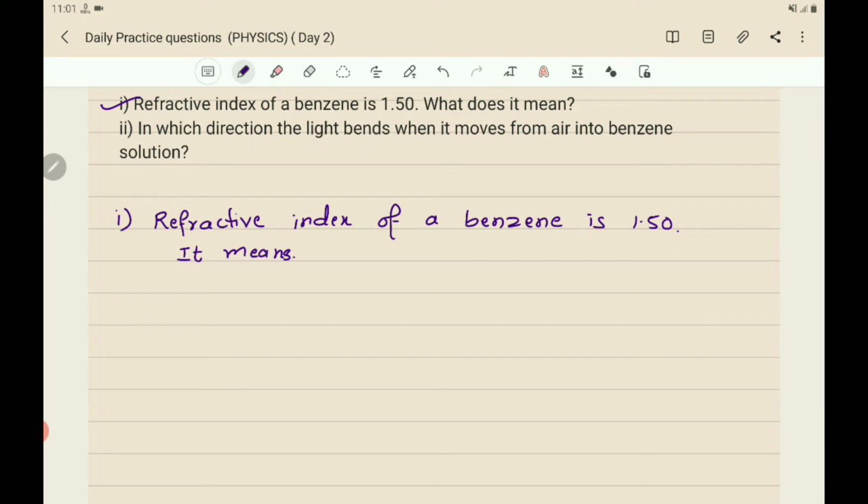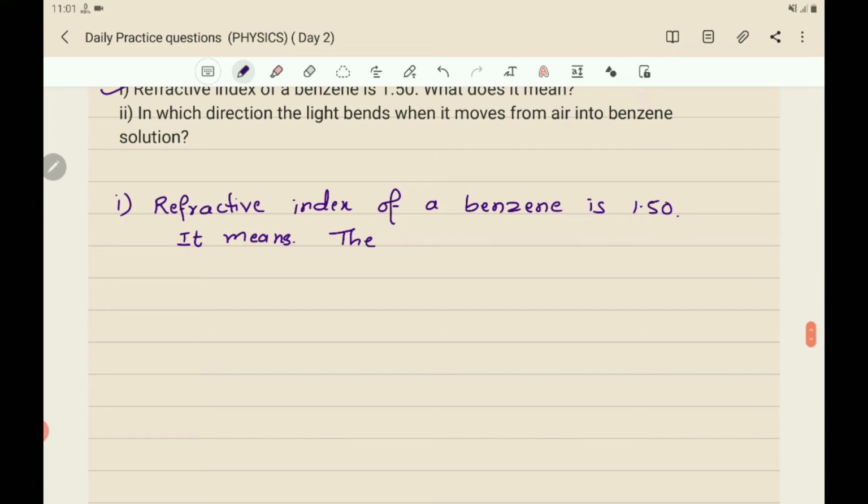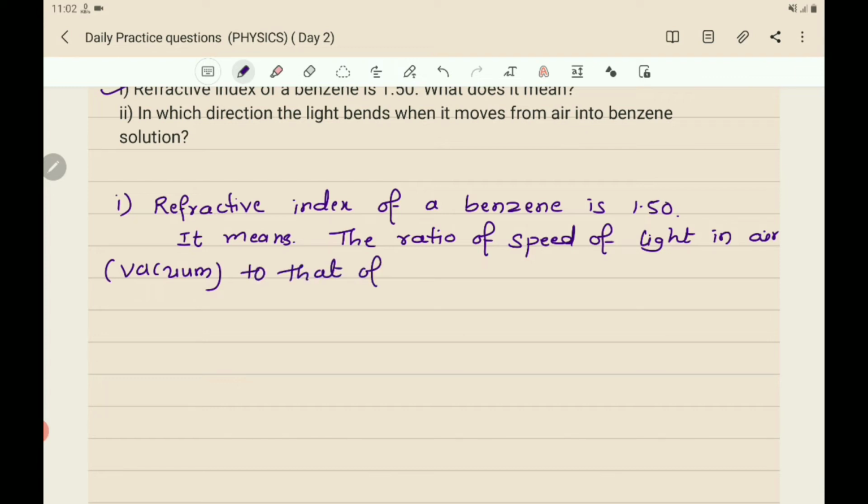the ratio of speed of light in air, also you can take vacuum, to that of benzene is 1.50.